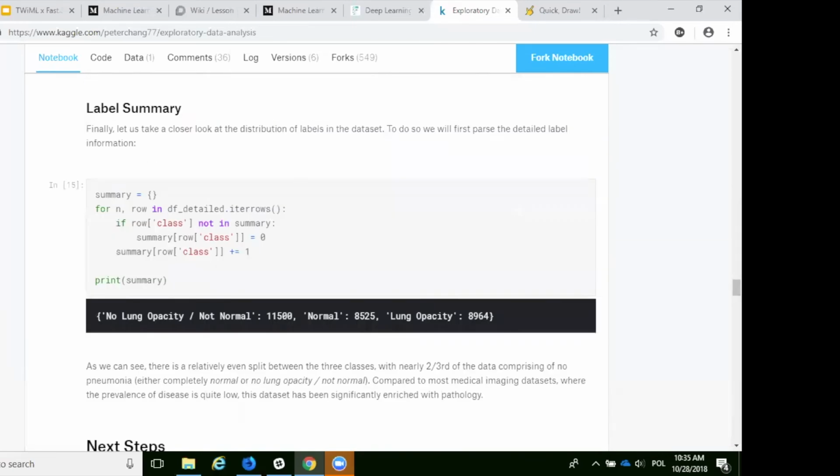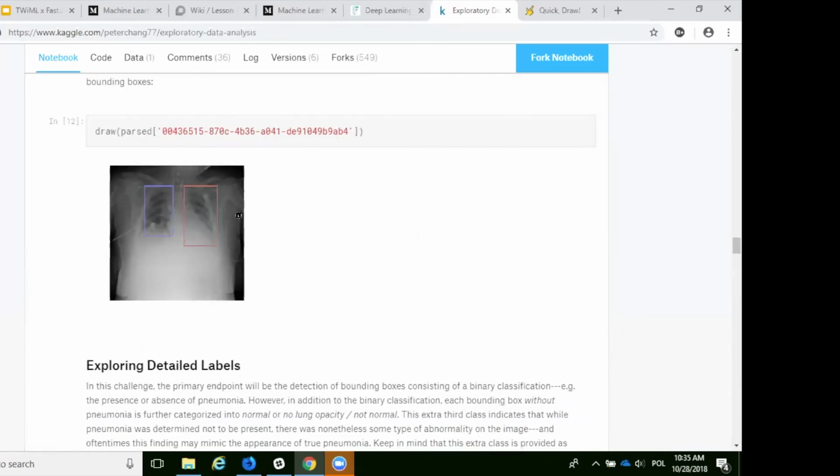In this tumor detection thing, what is your image size or what is your data size? I have 50,000 images. One image is, I guess, 2 to 3 MB. No, the dimension of the matrix, pixel-wise. Okay, I've not gone into that detail.